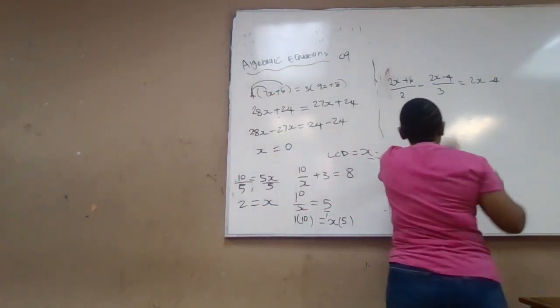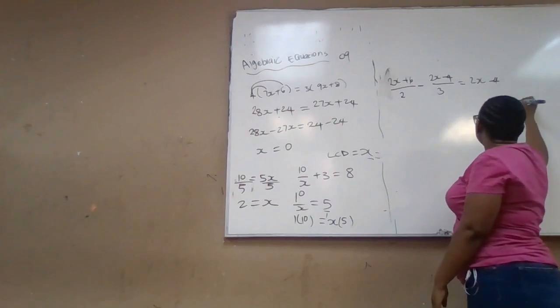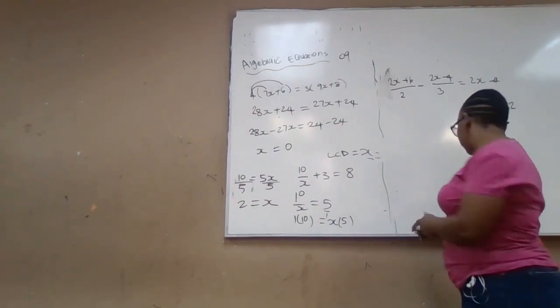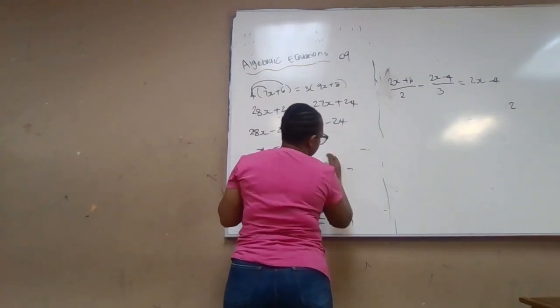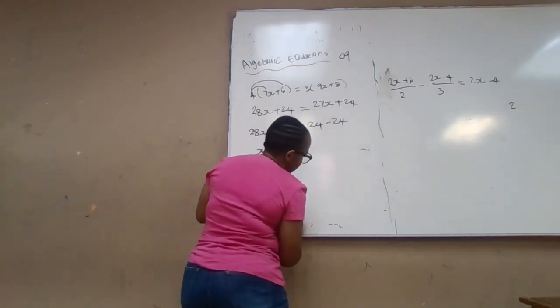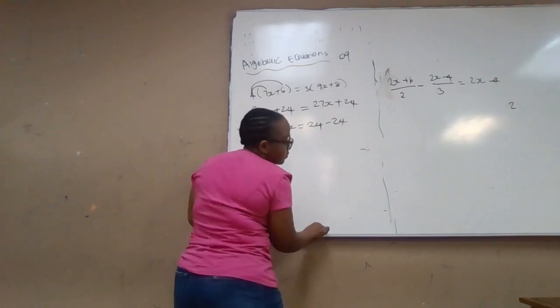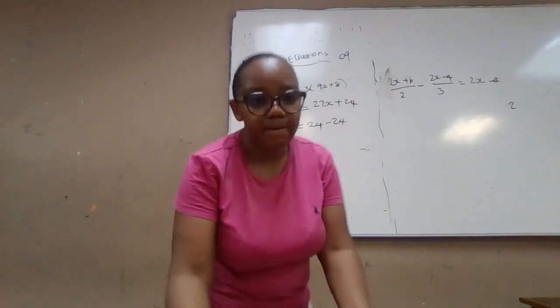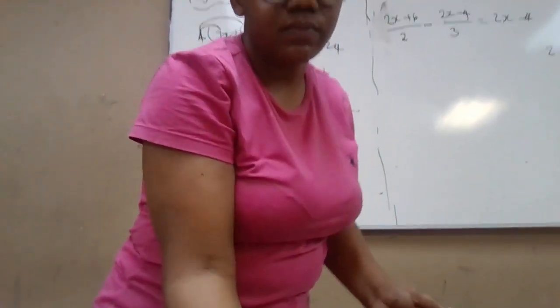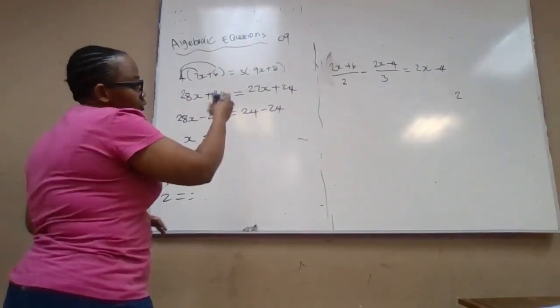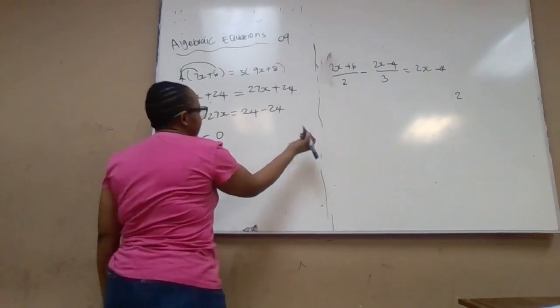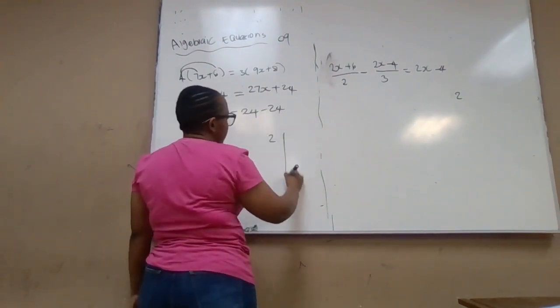We have 2 and 3. Okay, let's do it then on this side. Okay, we have 1 over 2 and 1 over 3. So let's find the LCD of 2 and 3.